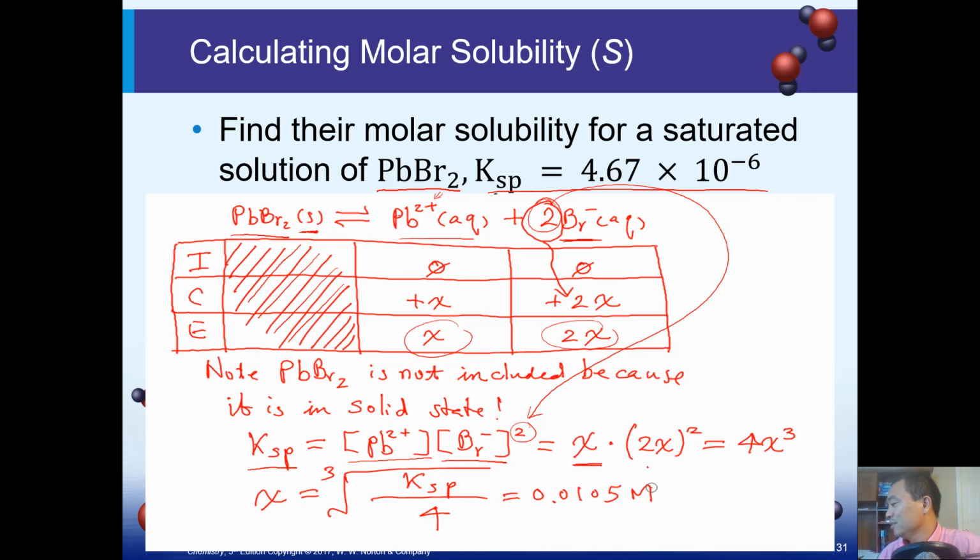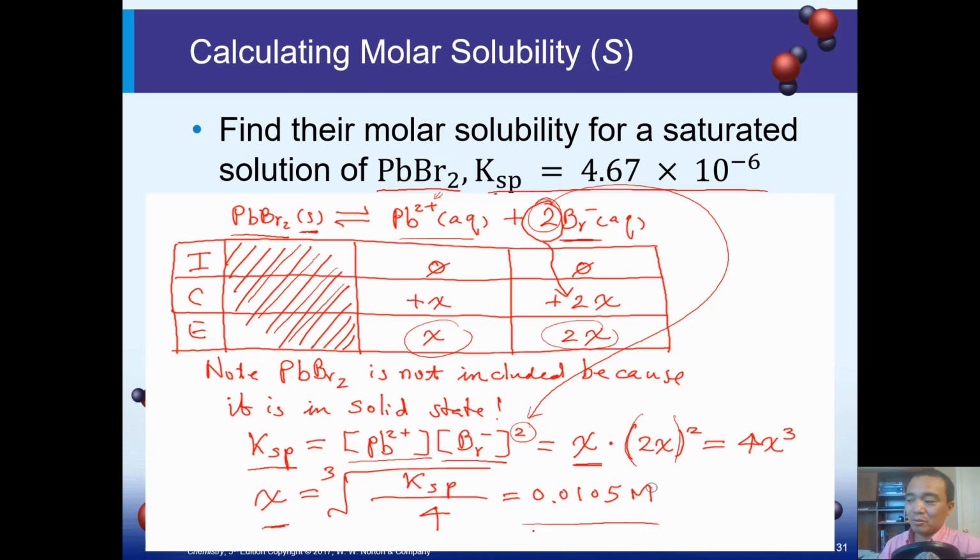So it's X times 2X, the whole thing squared. Then you can calculate the solubility, which is 0.0105 molar. That's very small.